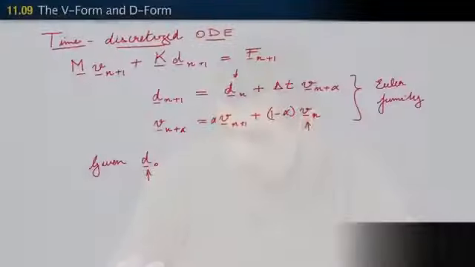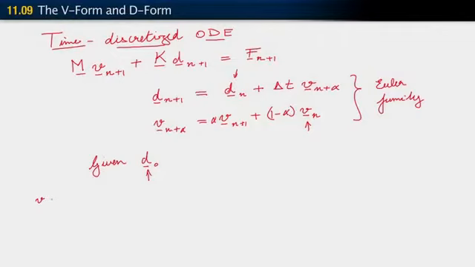All right, now there are two sort of canonical approaches to solving this time discretized ODE, and we'll look at both of them in turn. The first is what is called the V method.